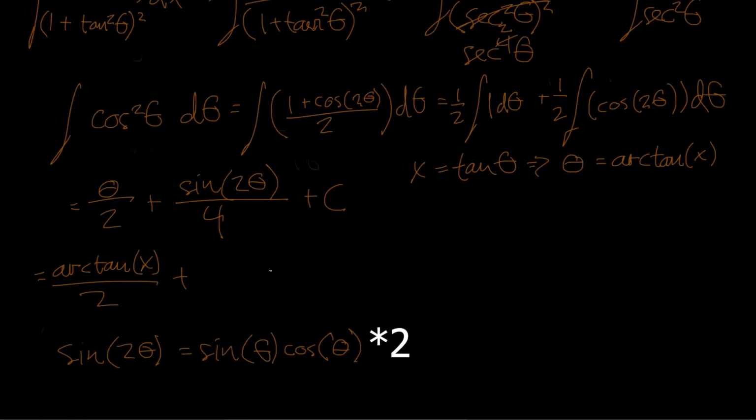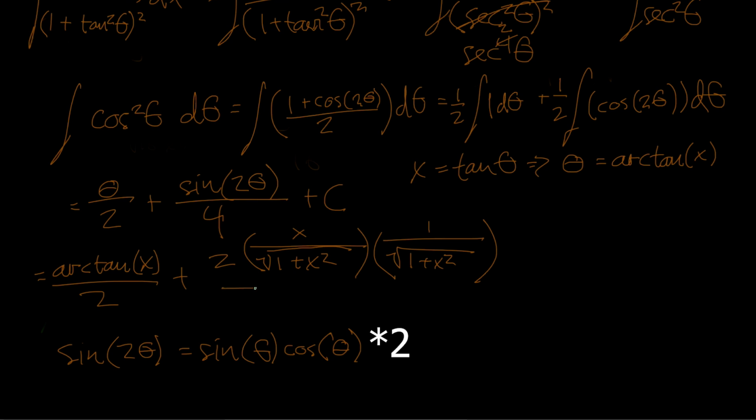So we can rewrite this first expression as 2 times our sine theta, go back up and check, but it's going to be x over the square root of 1 plus x squared, times our cosine theta, which we said was 1 over the square root of 1 plus x squared, all over 4, plus c. And that's going to be our final integral with respect to x.